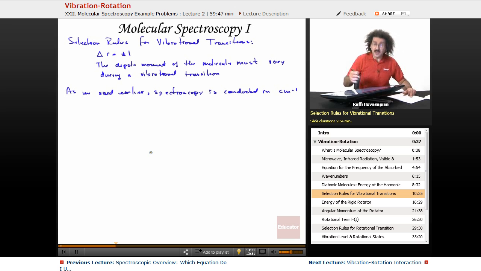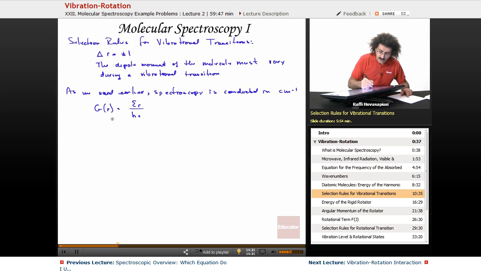Okay. For vibration, the symbol that we use is G. So G as a function of v is equal to the energy of v that we had from the previous page divided by hc. The energy given in joules divided by Planck's constant and the speed of light will give you the number in inverse centimeters.